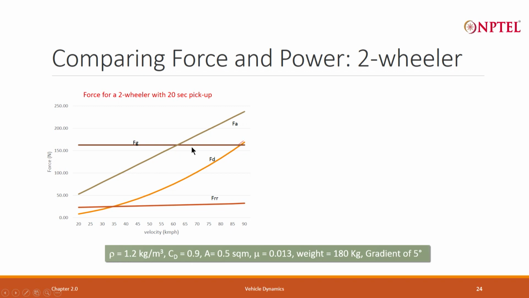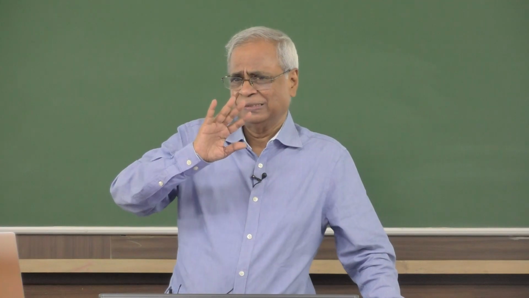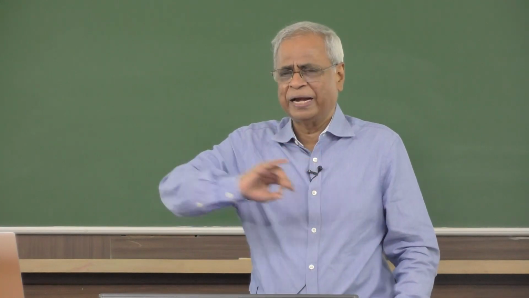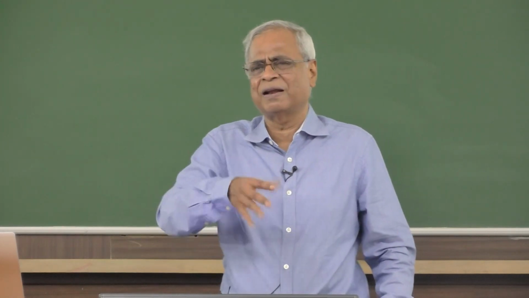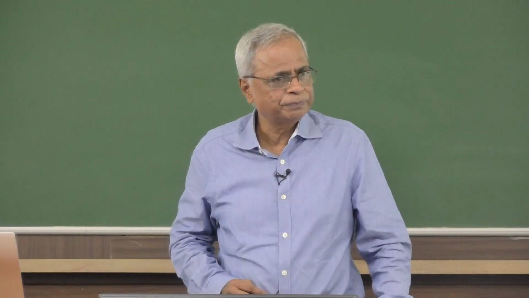If there is no slope, this is not there. But even a 5 degree slope can become a problem. And if you have a higher slope like 8 degrees or 10 degrees, it can become very, very large. When there is a slope, it is the force due to gradient which will dominate. By and large, the others play a minor role.